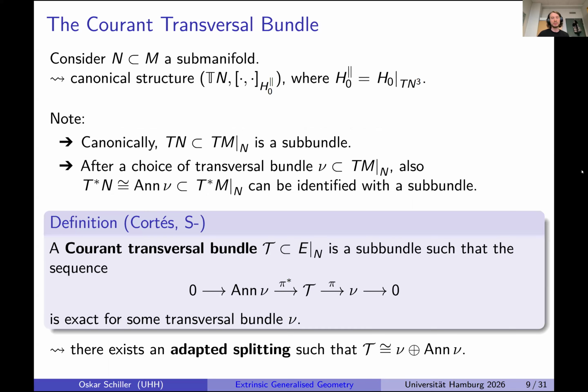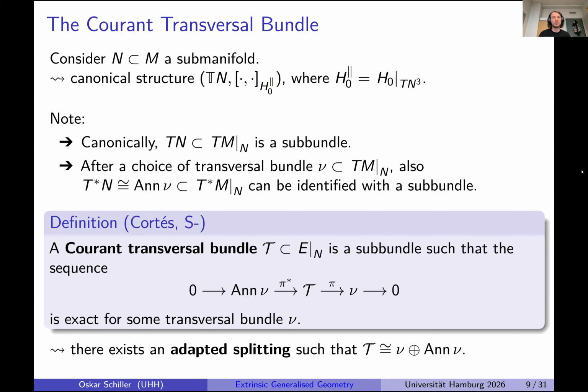And so now we want to consider the situation that we have a submanifold in an ambient manifold. And we want to consider a bit what we can do with a generalized tangent bundle over this submanifold. So canonically, we can guess that we have the structure of the generalized tangent bundle over the submanifold with the twisted bracket, where the twist is now given by the projection of H naught into the tangent bundle of the submanifold.